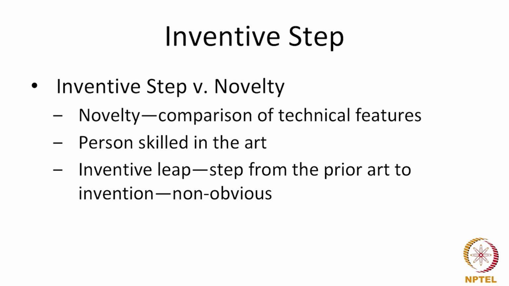One yardstick, which is now a part of the definition, is technical advancement. So, the art advanced to a particular point, and the entire art, that is the field of technology, was at a particular point of development. The invention, which claims to have an inventive step or which involves an inventive step, made an advancement from that point, what is contained in the phrase technical advance as compared to the existing knowledge.